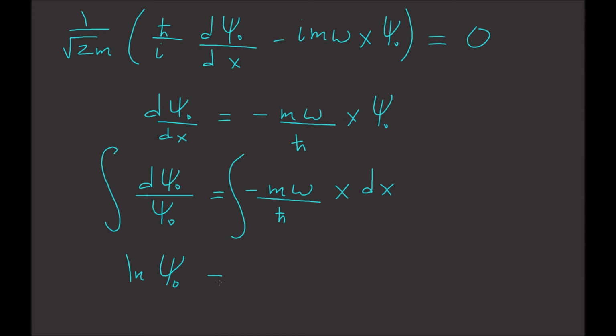On the right side we get minus mass times omega divided by 2 h bar x squared plus some constant c, right?